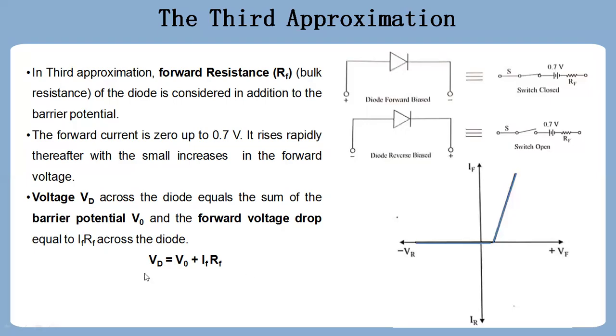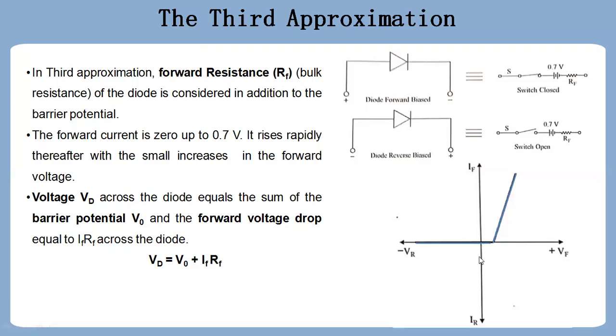So the total output voltage will be equal to V0, that is the barrier potential, plus the voltage drop, that is IF times RF. As we are considering our forward resistance in the equivalent circuit of the diode, we'll have some voltage drop across this resistance.